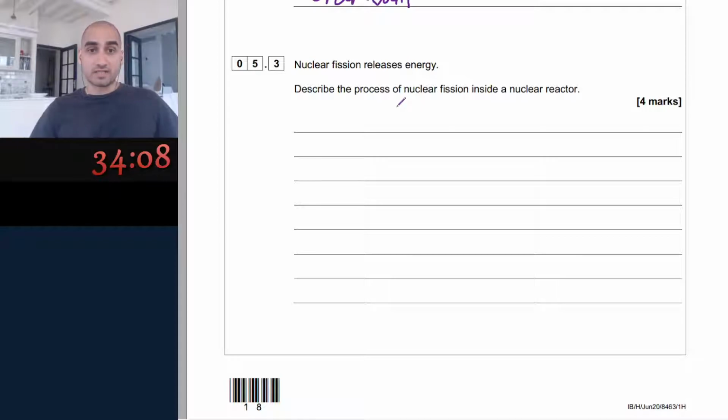Nuclear fission releases energy. Describe the process of nuclear fission inside a nuclear reactor. Oh my god, I don't know anything about this. Fusion. Nuclear fission. Nuclear fusion. Fission. Is it what happens in Factorio? Or is that fusion? Okay, what happens in Factorio? This is where I actually use my gaming knowledge. Yeah.